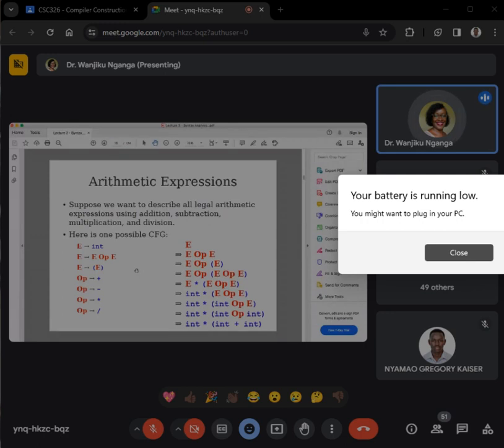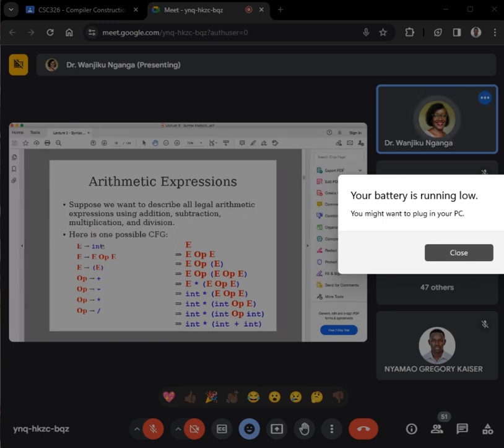If we take the language of arithmetic expressions, suppose we want to describe all the legal expressions that we can have, that is addition, subtraction, multiplication, and division for now. There are many ways to express that as a CFG, and this is one example. We could say that an expression is written as int.